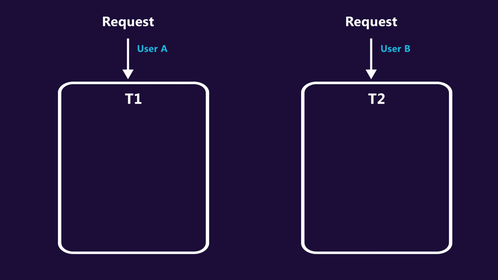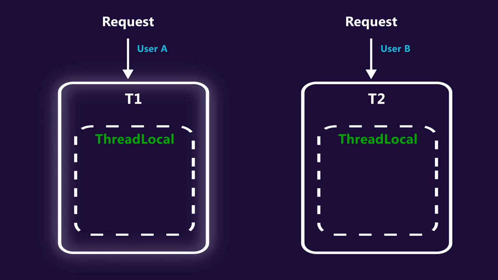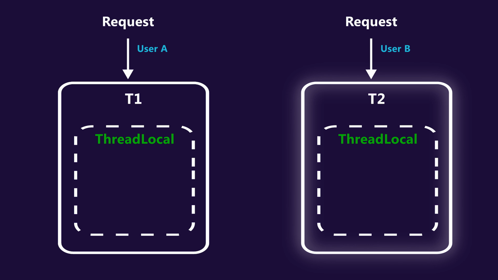Now, Java gives each thread a private storage area that belongs exclusively to that thread. That is called ThreadLocal. Nothing stored in T1's ThreadLocal is visible to T2, and nothing in T2's ThreadLocal is visible to T1.